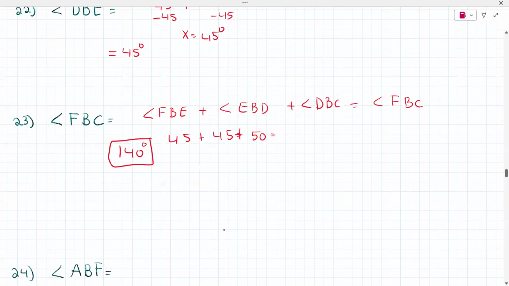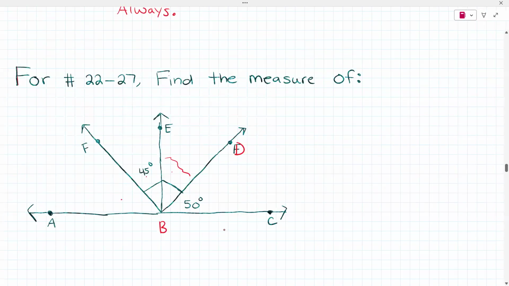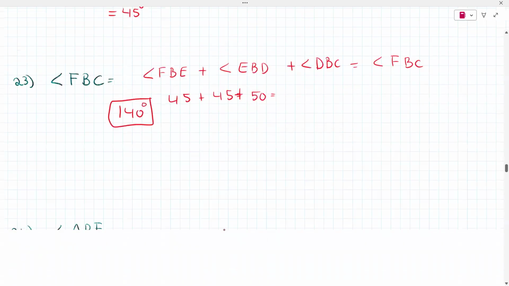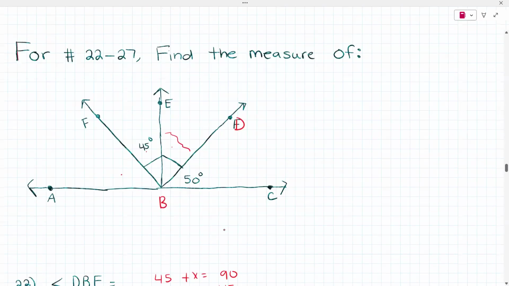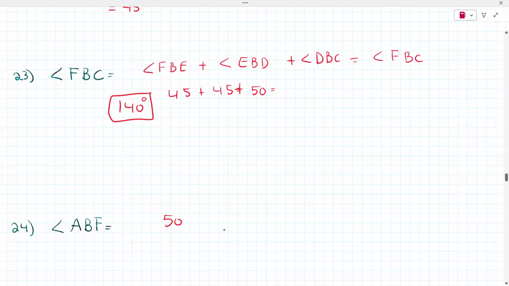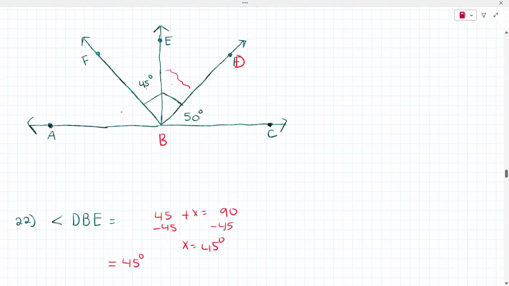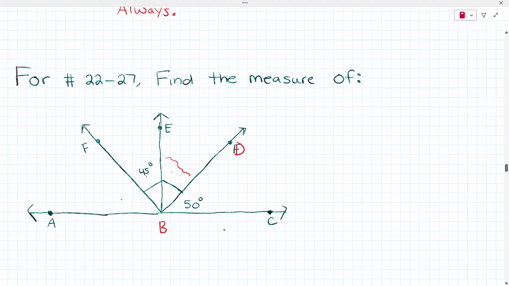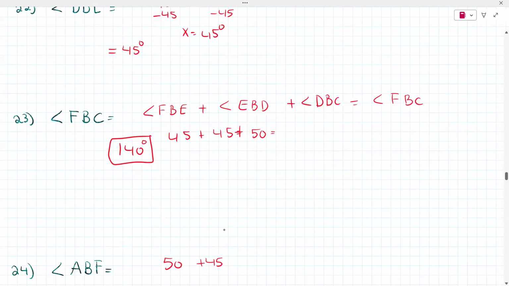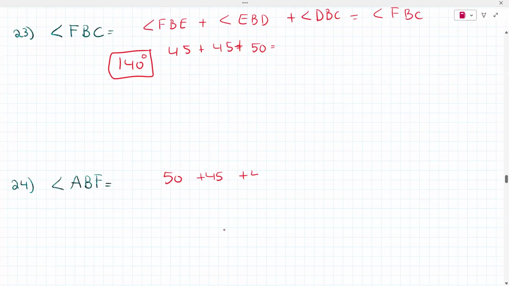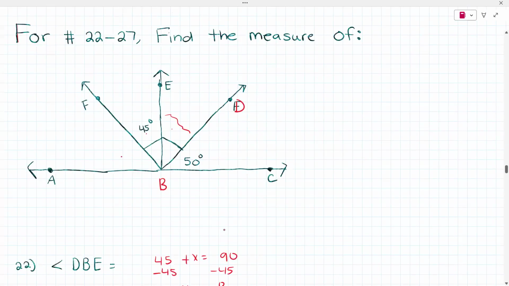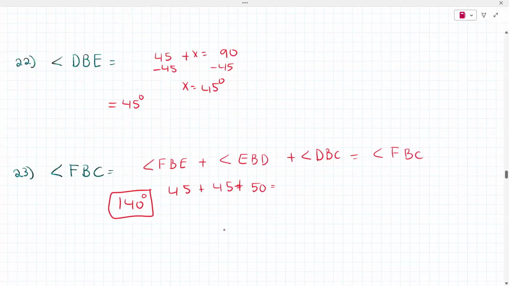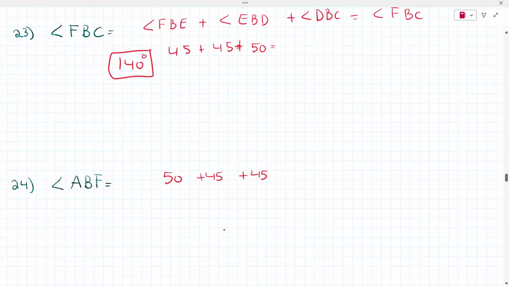We can set it up as so: DBC is 50, DBE is 45, angle EBF is 45, and I don't know what angle ABF is, so I'm going to call it X. They all add up to 180 degrees.